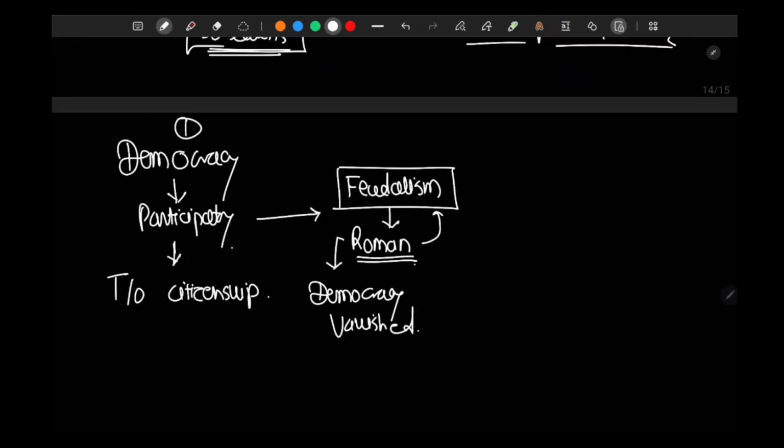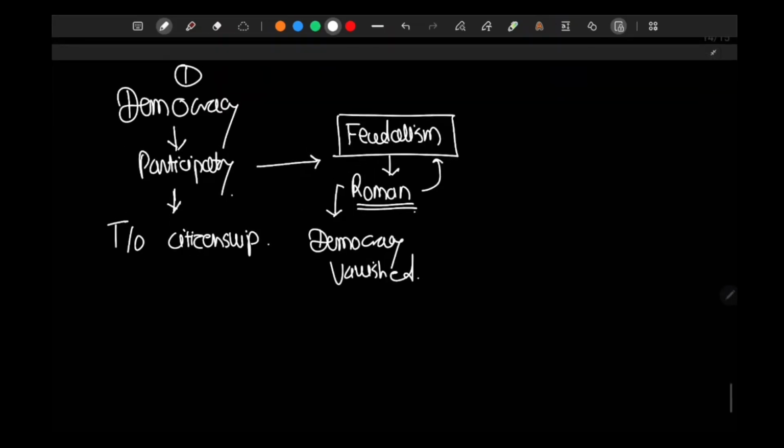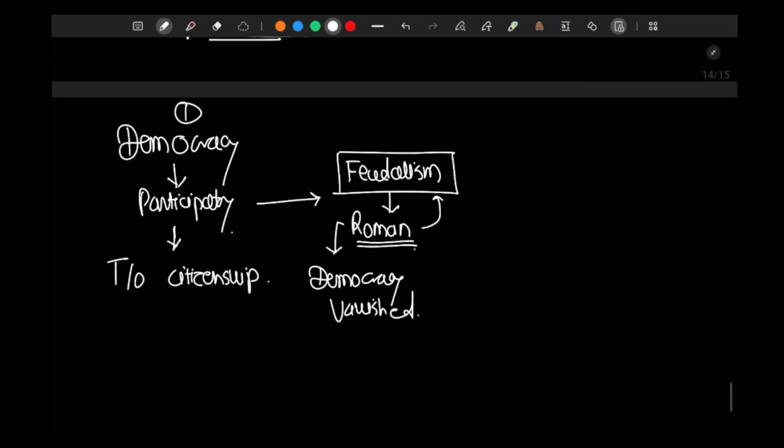The Roman Empire basically encompassed the whole of the Mediterranean Sea. Whatever borders the Mediterranean Sea had were engrossed by the Roman Empire, so you can imagine how big that empire was. In the Roman Empire, democracy vanished because the size of the empire was so big. The Roman Empire then disintegrated.